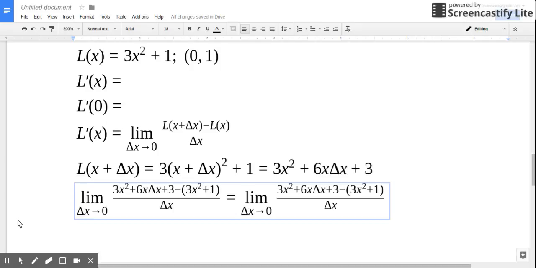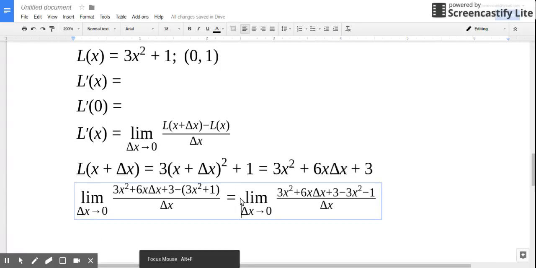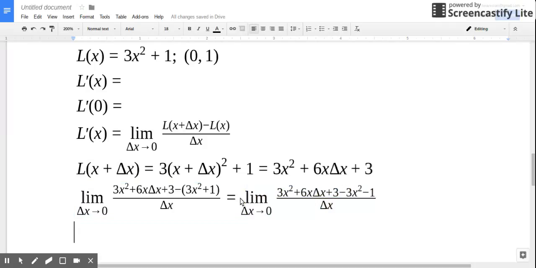So as you can see here, we're going to distribute this negative across. We're going to knock those guys down. That's going to make that a negative. And now we need to simplify this down. We'll do that on the next line.